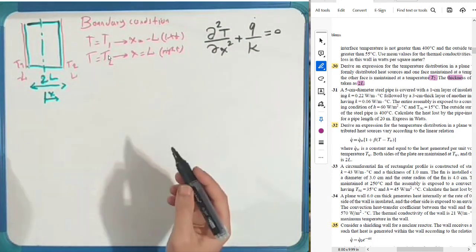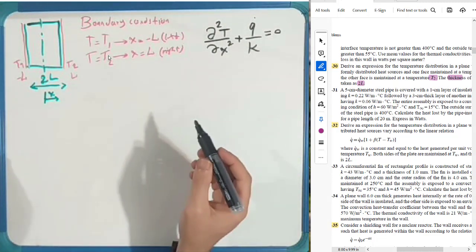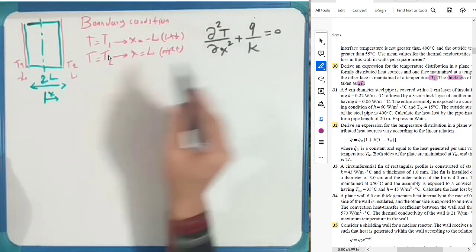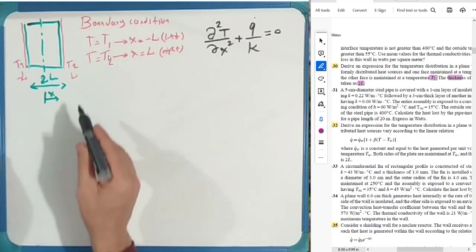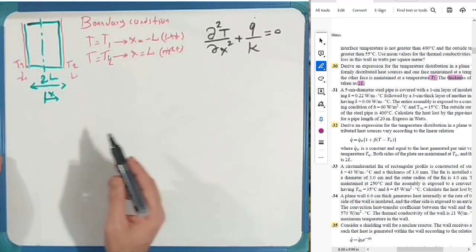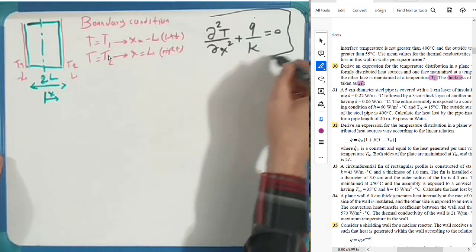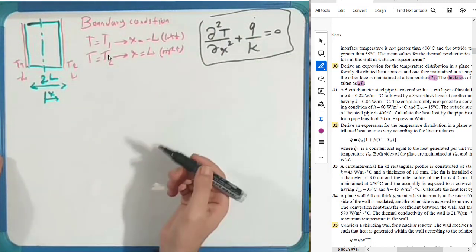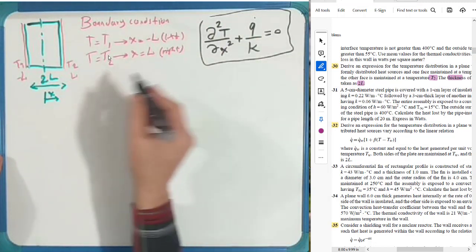Q dot is the generation source, K is thermal conductivity, T is temperature, and x is distance. This is our main formula, and we should solve it.